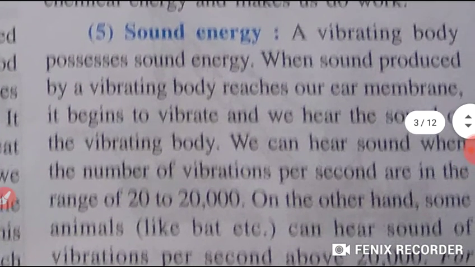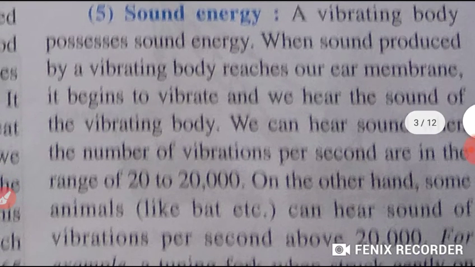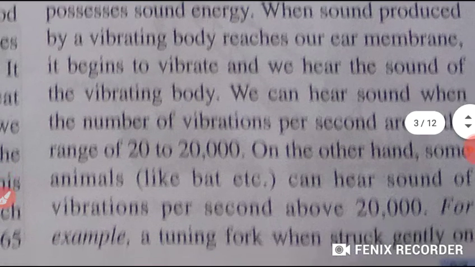Now students, sound energy. A vibrating body possesses sound energy. When sound produced by a vibrating body reaches our ear membrane, it begins to vibrate, and we are able to hear the sound of that vibrating body.